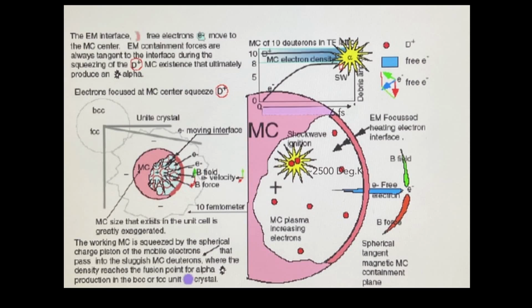This explosive increased reaction volume and the MC density during the capture of the deuteron atom initiates a destructive shock wave with its hot debris field forming an alpha. Helium-4 was measured by mass spectrometry on several different occasions.